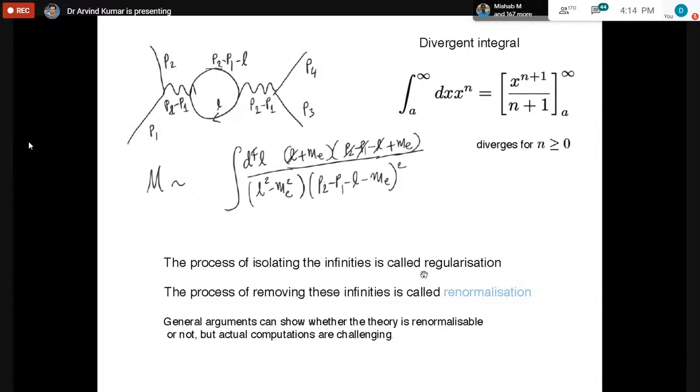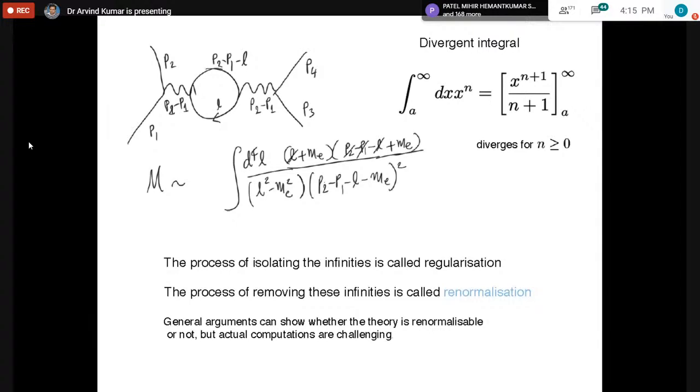There are several methods of regularization. And when you remove the infinities from your theory, that is a process called renormalization. So all the physical parameters of your theory are essentially redefined by removing these infinities. The moment you remove this infinity, you redefine your parameters.